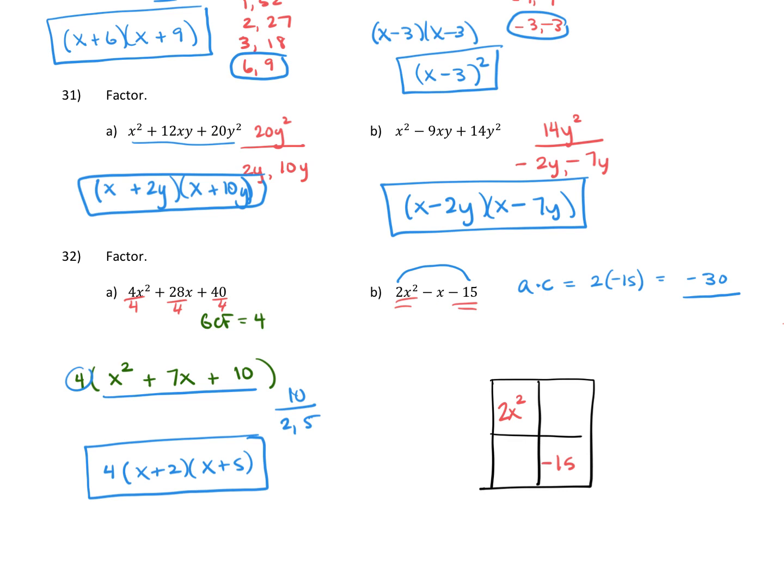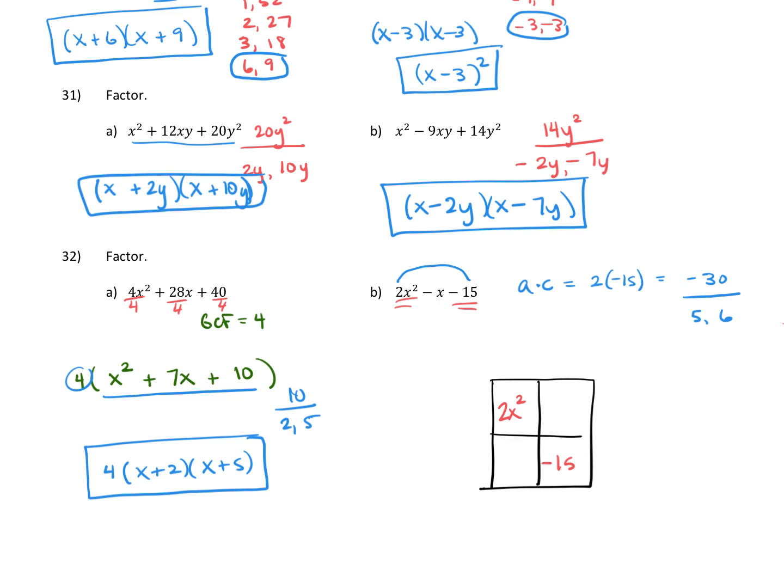So if we go through and list all of our factor pairs, 1 and 30, 2 and 15, 3 and 10, 5 and 6, the 5, 6 factor pair is the one that we're going to focus on. Now, 5 and 6, to multiply to a negative 30, we have to make one of them negative. A nice little rule that we can follow is, if you need to make one of them negative, the larger factor will have the same sign as your b value.